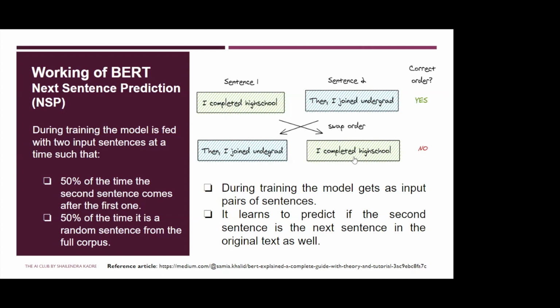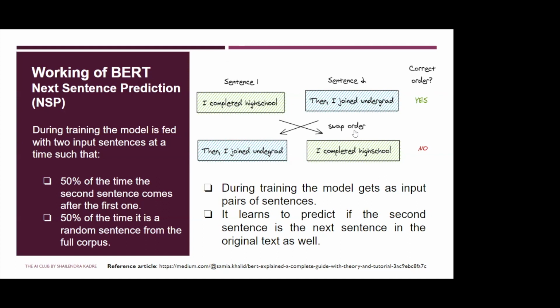The relationship between these two sentences isn't clear. If you check in a corpus, in a document, you'll find that this would be incorrect. Is that the correct order? No. And that kind of data is used for training the next sentence prediction process.